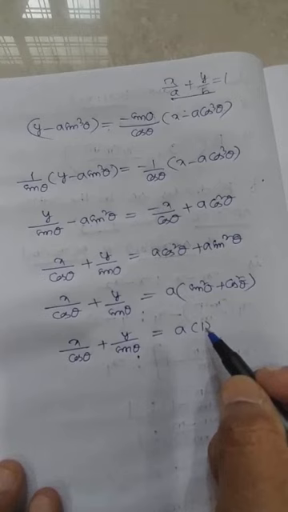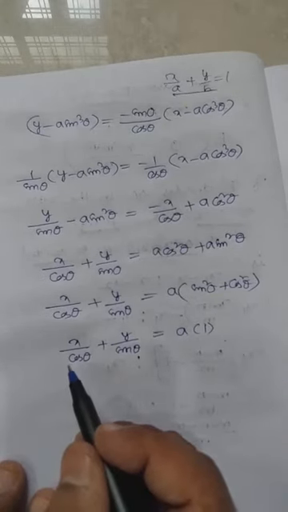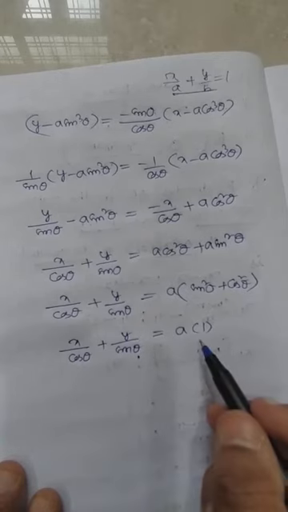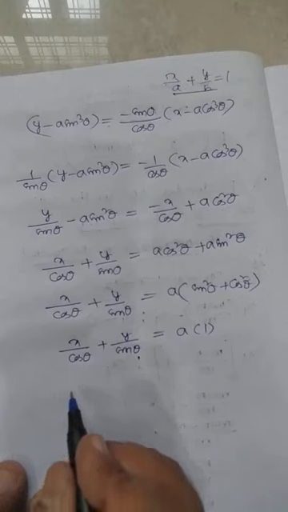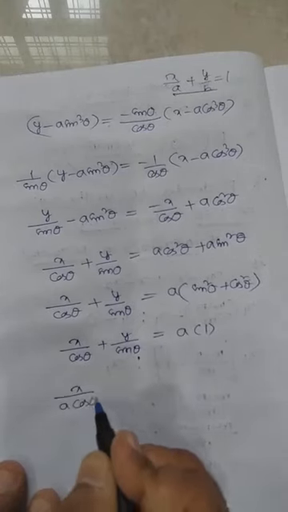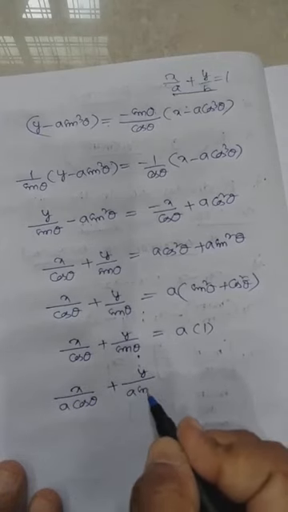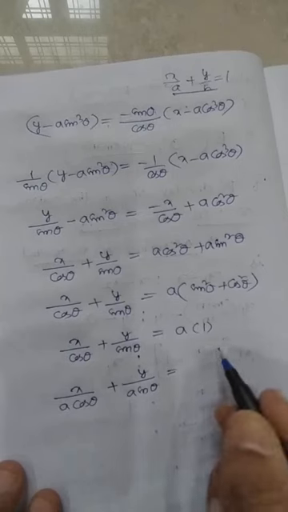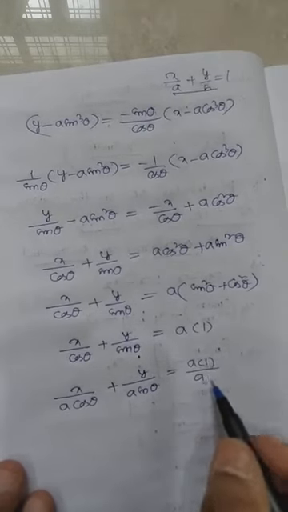So what I am doing now, I will divide this equation by a. So what I would get, x by a cos theta plus y by a sin theta is equal to a into 1 by a. Are you following or not?